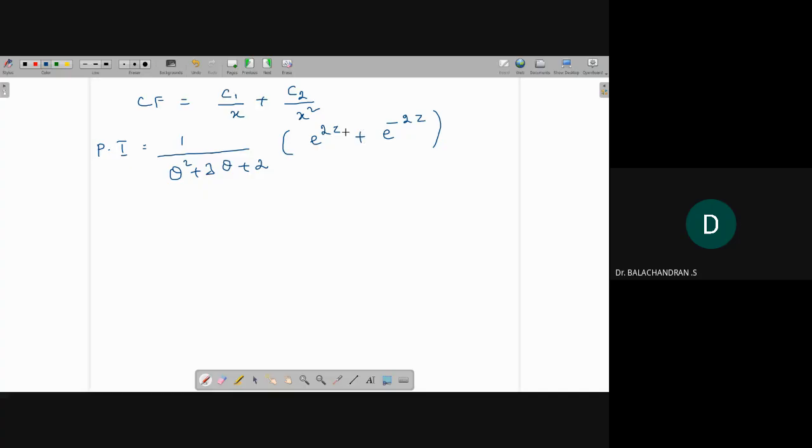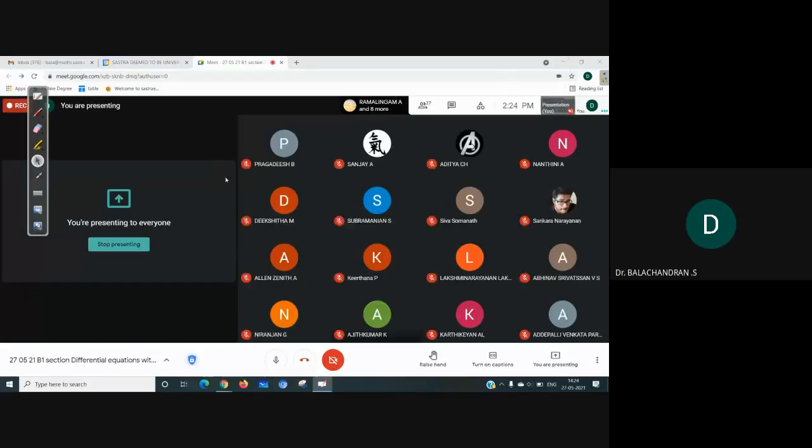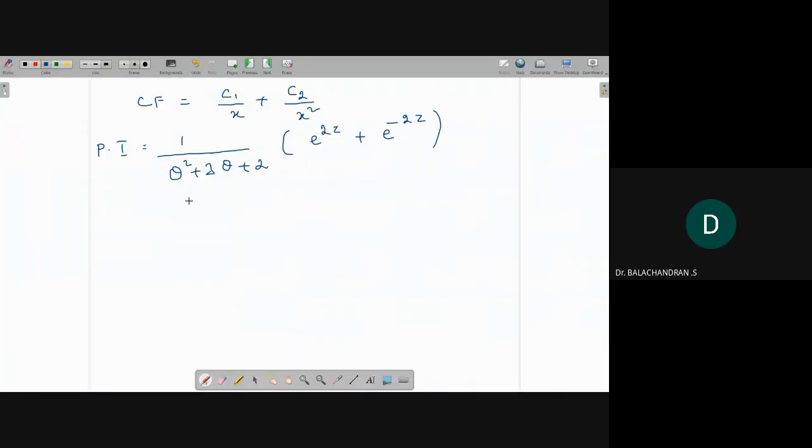What type number is this? Type number 1, yes, 1 is correct.